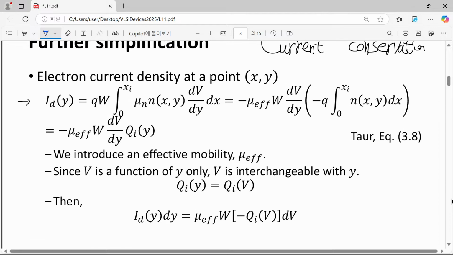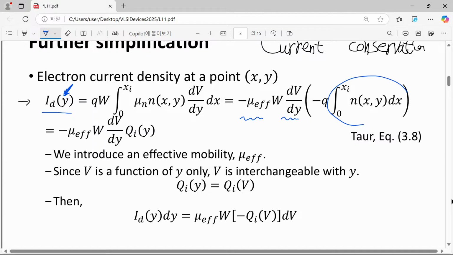Now we can say that drain current at any given y position can be expressed as this one. This dV over dy factor was pulled out, and also we introduced mobility, and the only remaining thing is integration of our electron density over the vertical direction.